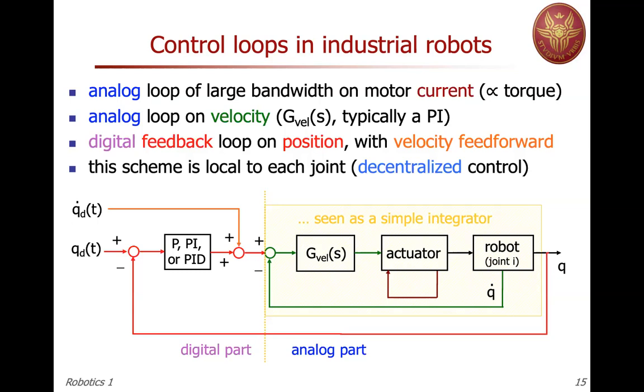So one thing to be noticed is that, although we are moving all the joints at the same time, this control law is typically decentralized. It means that the command that we're giving to the ith joint low-level controller is purely local. It does not depend on what the other joints are doing.